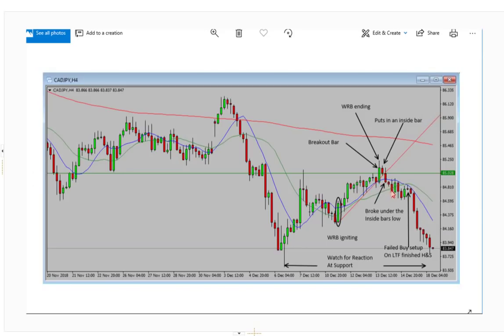We see the pullback to the 20 MA and the buy setup fails. Try to pull up again, and at this point we're in a little downtrend channel, and with the failures we've got going on in here, once it got below the lows here, it totally fell apart.